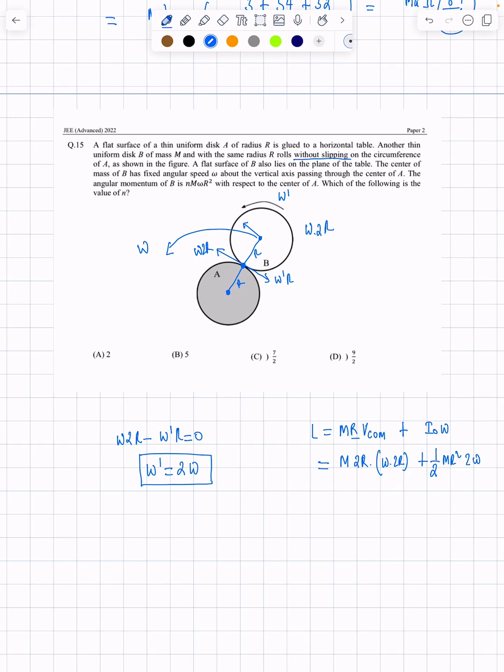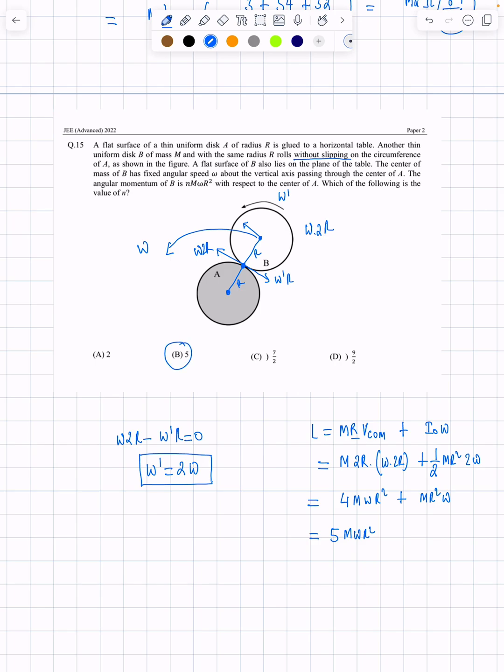So the first term is 4 m omega r square, and the second is m r square omega. So we get 5 m omega r square. So 5 is the answer.